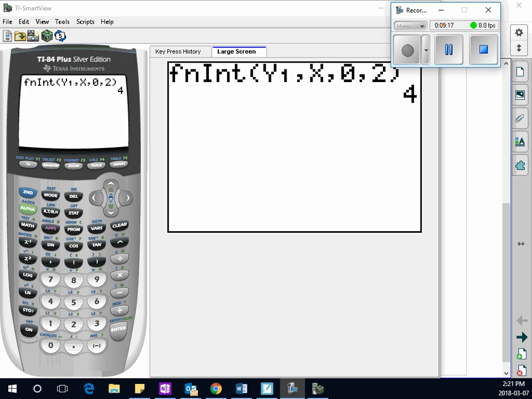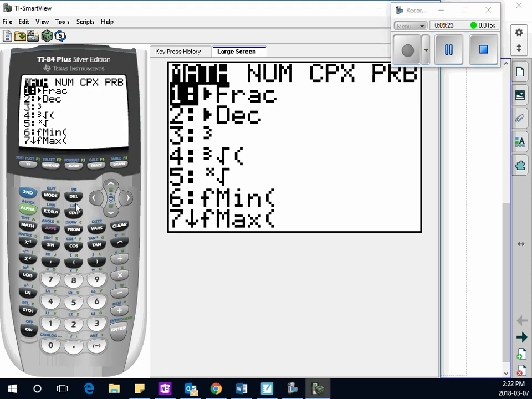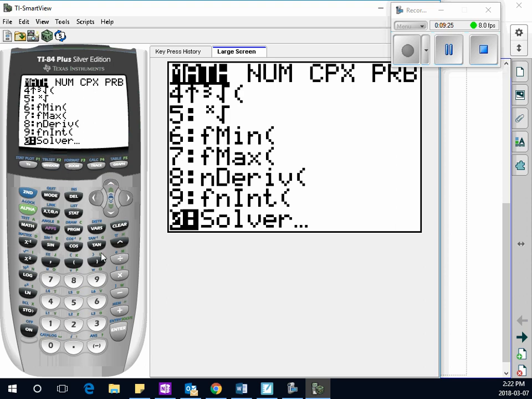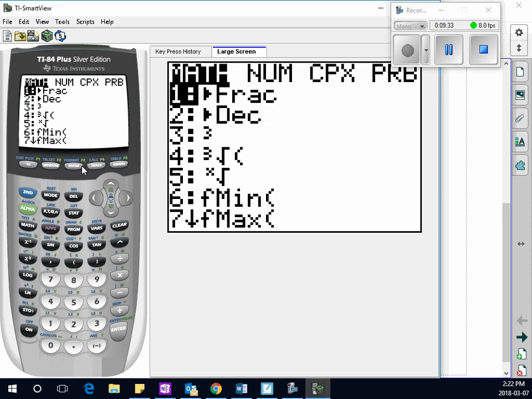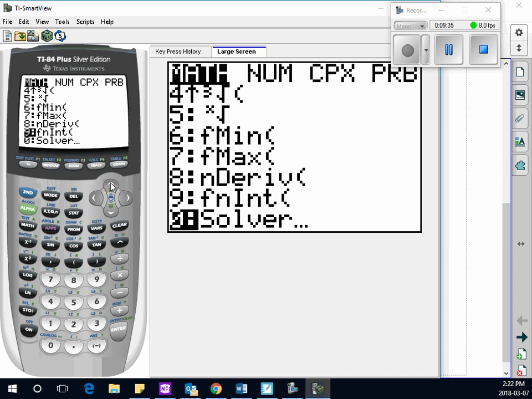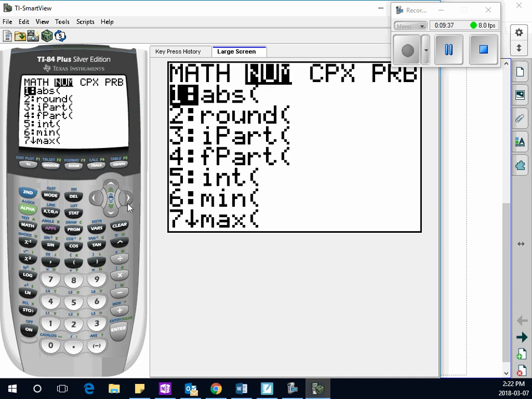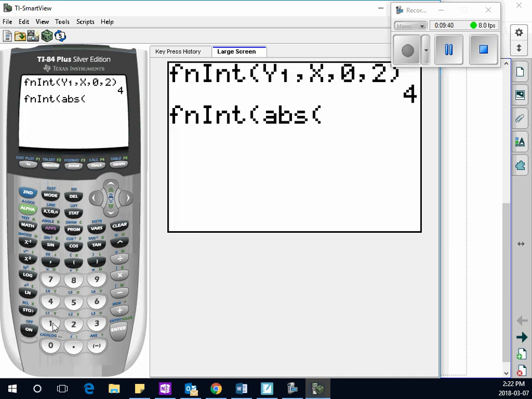So go to math. And then, of course, we're doing the integral, which is 9. And now, before you type in y1, do the absolute value. So math, the absolute value is num1.